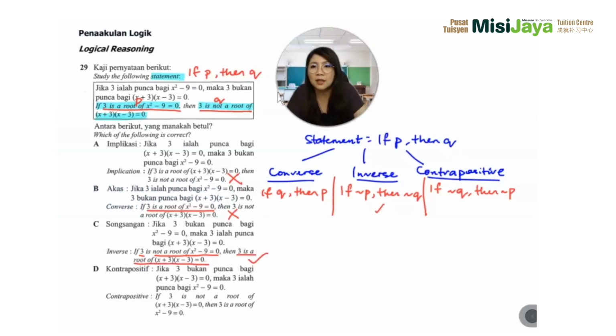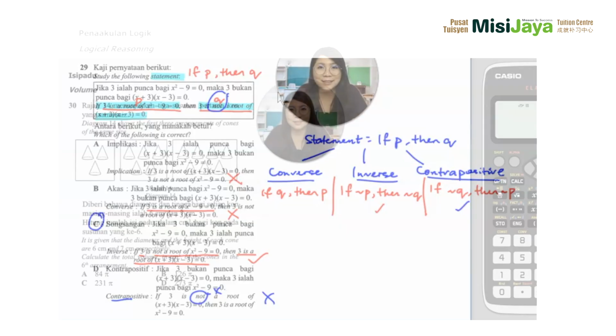So this is the answer. The answer is C. Let's double check D. Contrapositive is if not Q, then not P. So not Q, here it is not, then here must be yes. But here it is written not, so it's incorrect. So this confirms that the answer is not D. Confirmed, the answer is C.